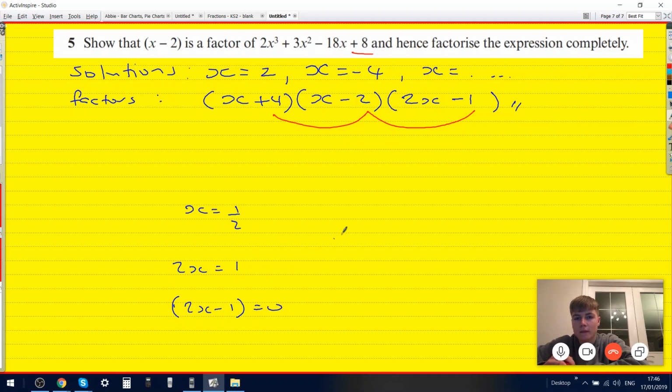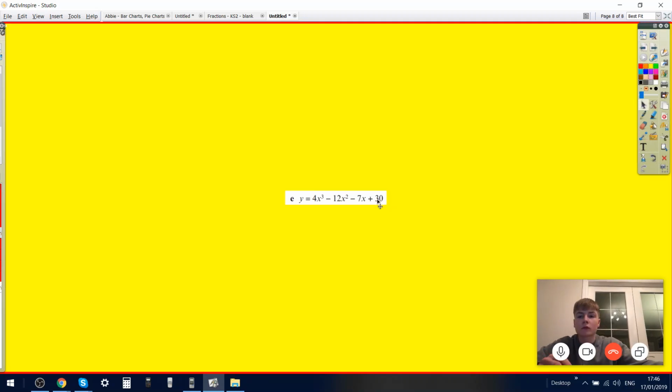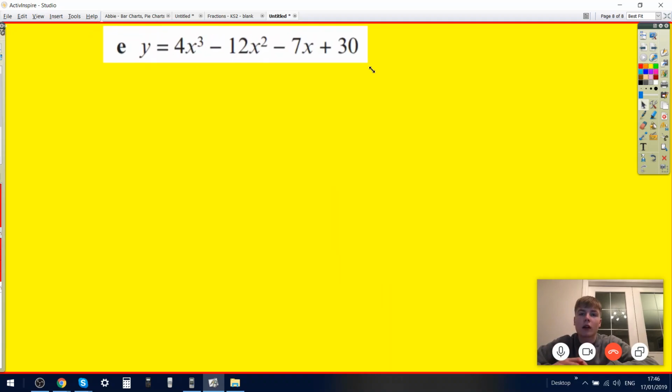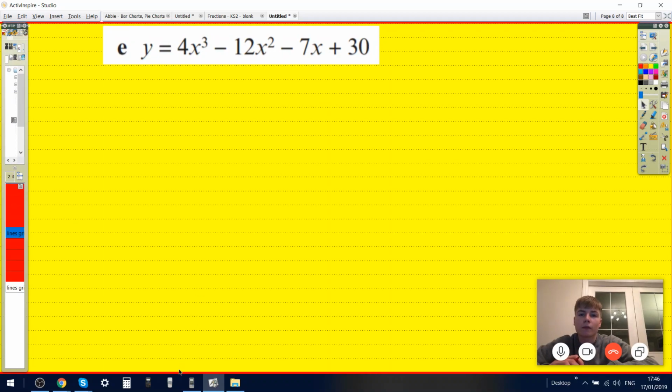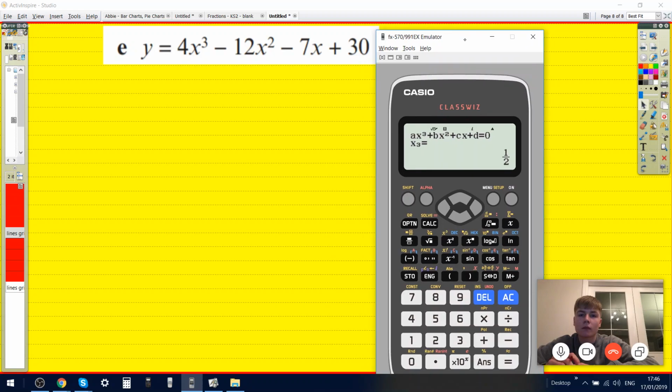So you work backwards. So okay, let's try fully factorizing this. So right, yeah. Exact same as the previous one. Hopefully it's the last one.